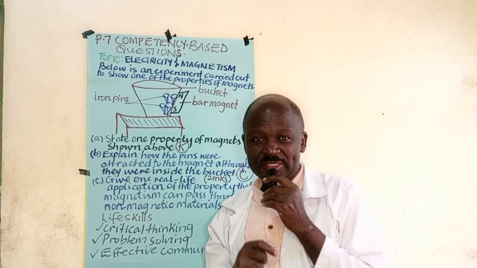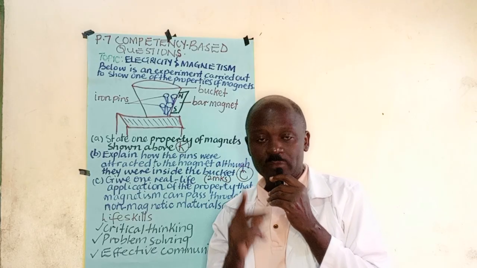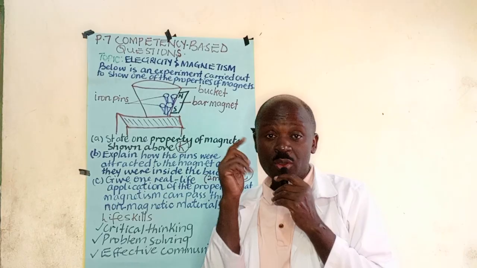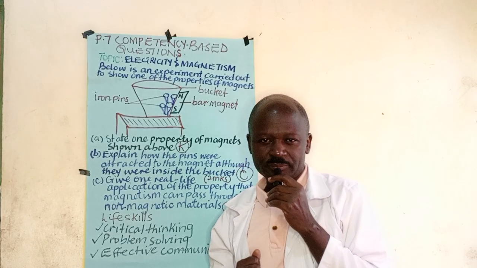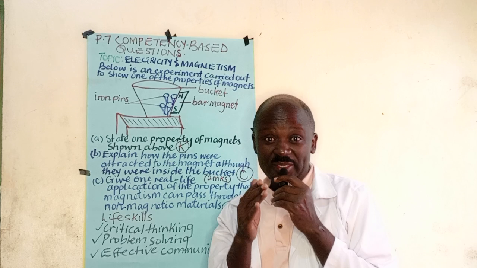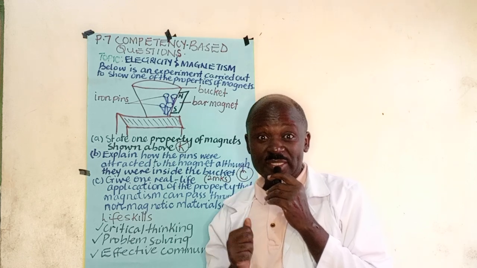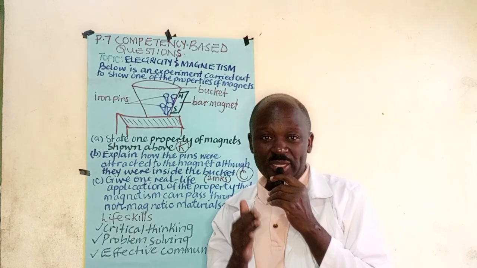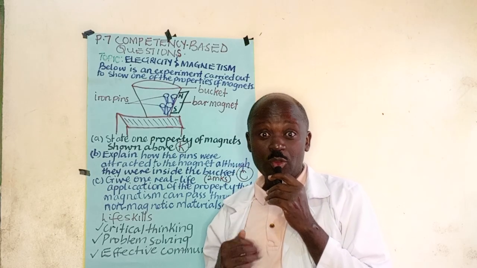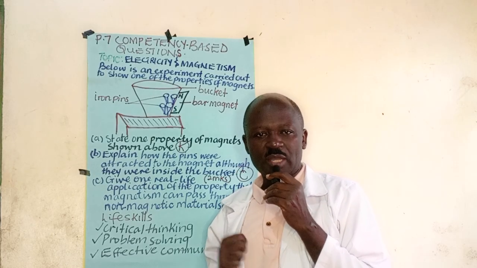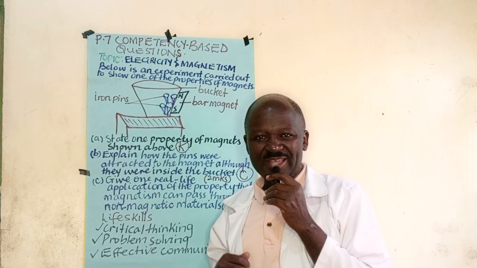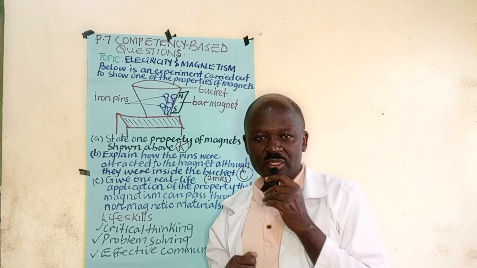What is the answer? The question is taking 2 marks, and it is a comprehension or an understanding question. The magnetic force passes through the plastic bucket and attracts the small pins inside it. As simple as that. What could be some of the challenges, in most cases, displayed by the learners as they write their answers?